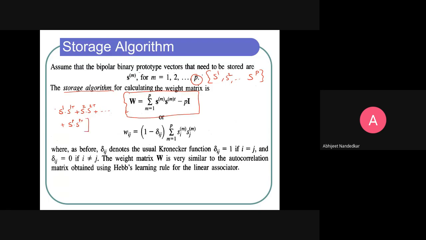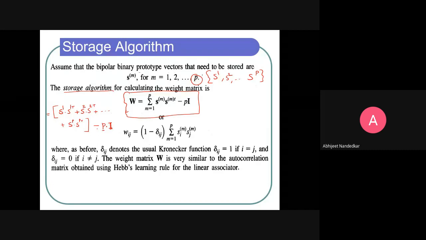This will be a matrix, and then subtract P times I, where I is the identity matrix and P is the number of patterns.